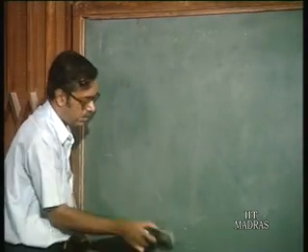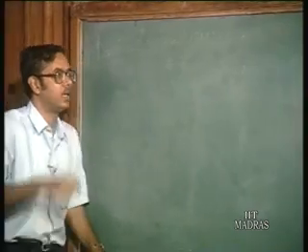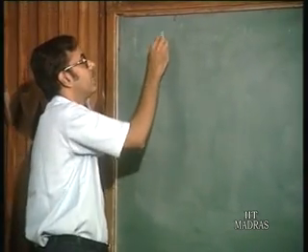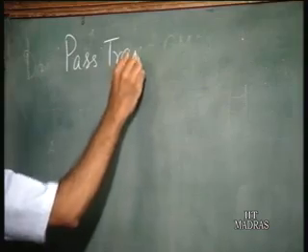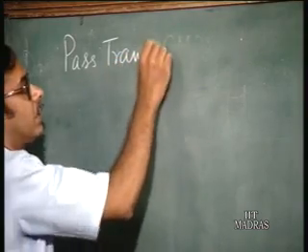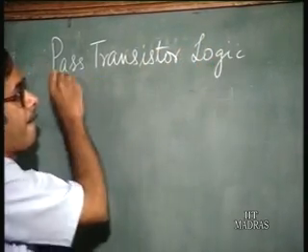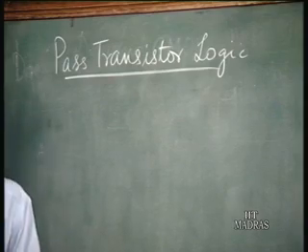So the next form of circuits which we shall take up for discussion regarding MOS logic is the circuits which come under this category of pass transistor logic. What is a pass transistor?